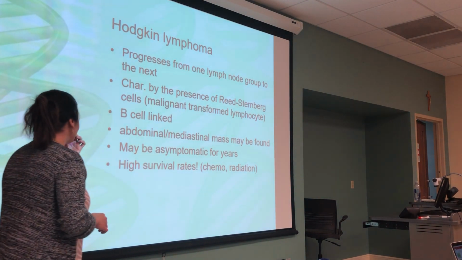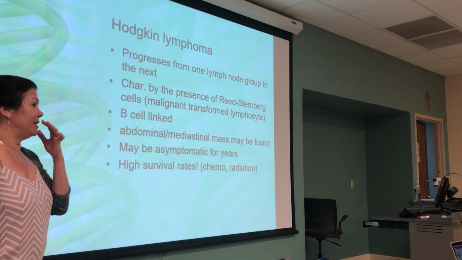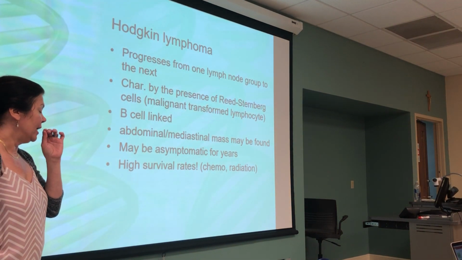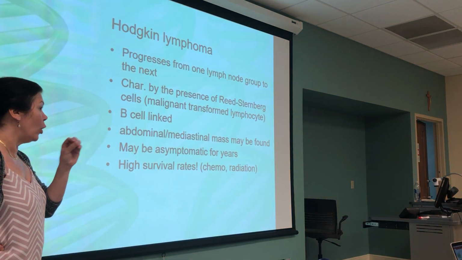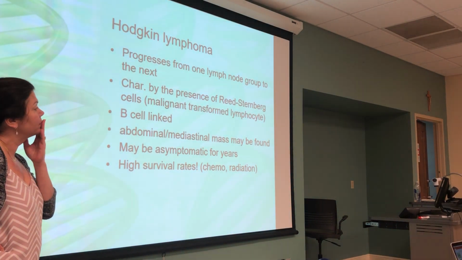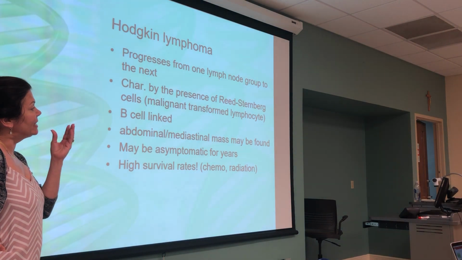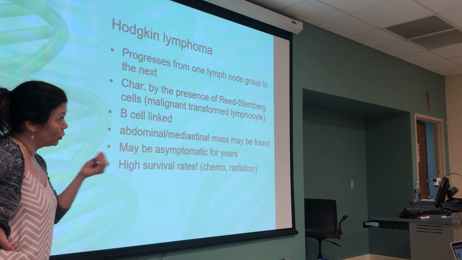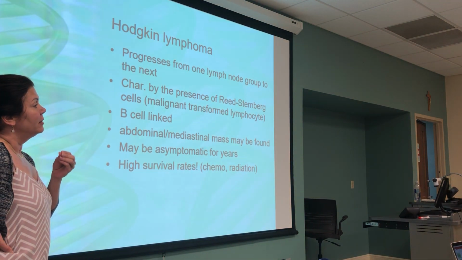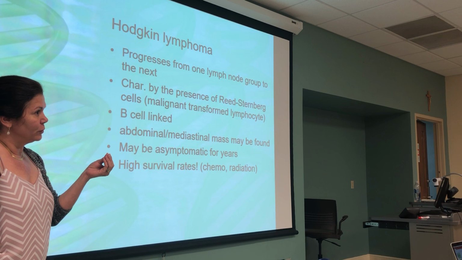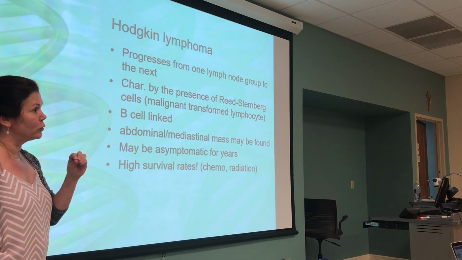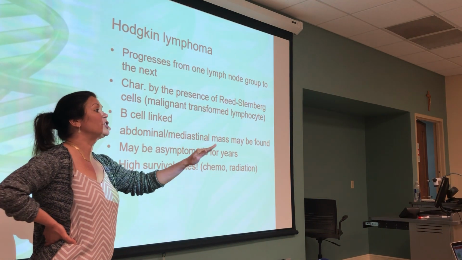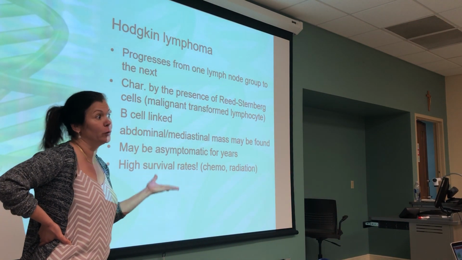Let me tell you what happens here. Patients with Hodgkin or non-Hodgkin lymphoma, since what's affected is B cells or T cells, the B cells are produced not only by the bone marrow, but also by the lymphoid lineage, where you have all your chains of lymph nodes.